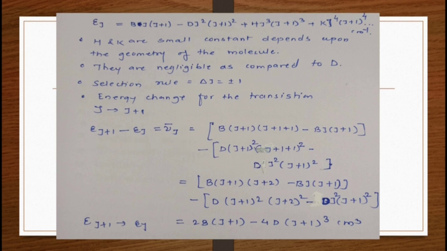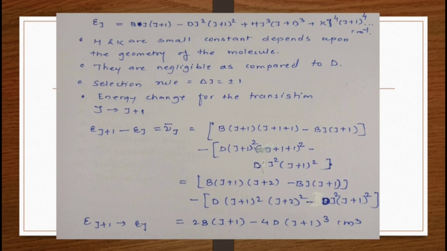We are going to find the change in energy, the energy of the excited state minus the energy of the ground state, which can be denoted by mu bar J. In the equation, initially we put J+1 in place of J, and then for the next term we write J equal to J. After putting in all the values, the equation is written as B(J+1)(J+1+1) minus BJ(J+1). Here we have written J equal to J+1 for the excited state, and J equal to J for the ground state.